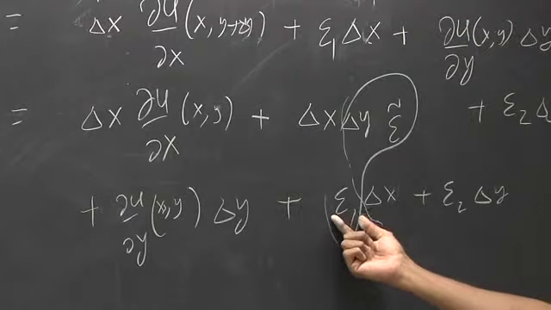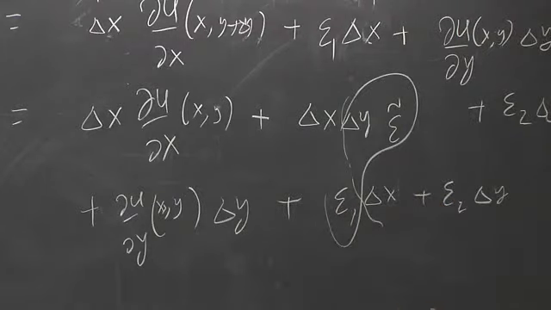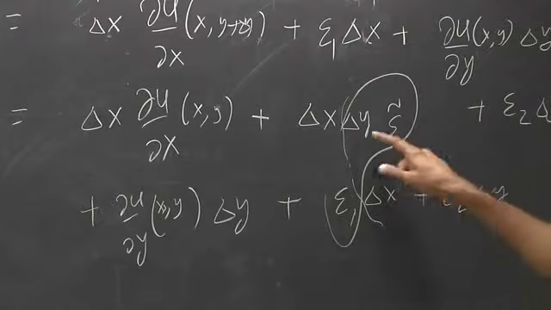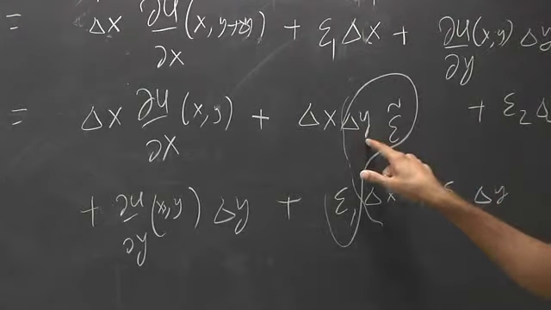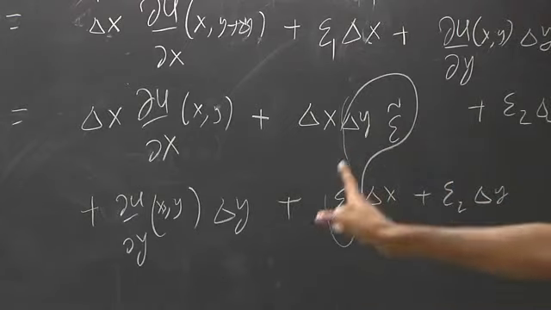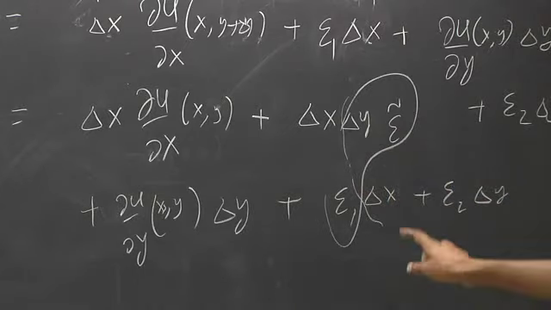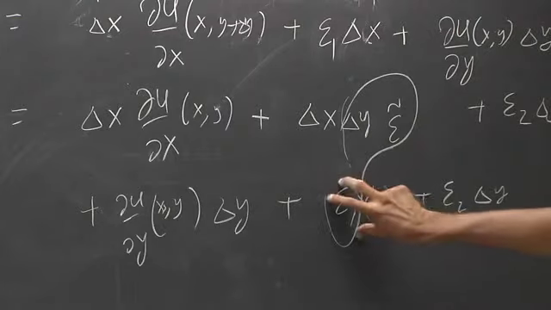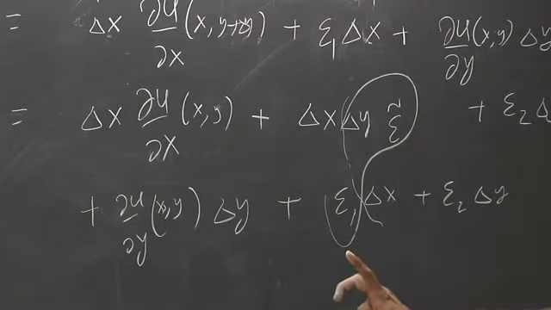Epsilon 1 is something which goes to 0 in the limit when delta x and delta y go to 0. But so is this object. So you just redefine, call this whole thing epsilon 1. They're all going to 0. That's the important point: in the limit delta x and delta y go to 0, this object and that object go to 0. So this is what I'll be using.